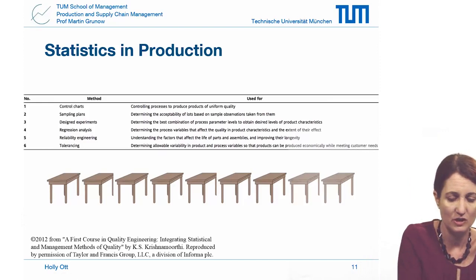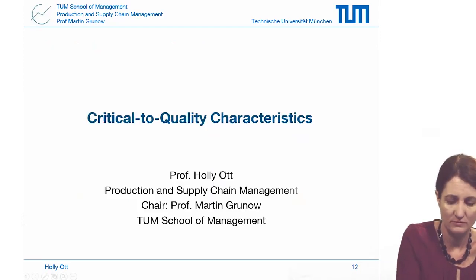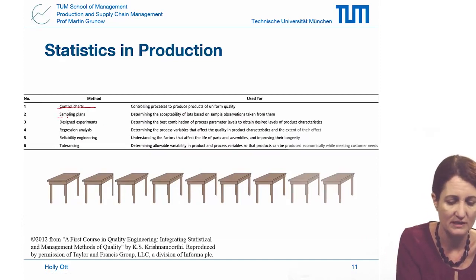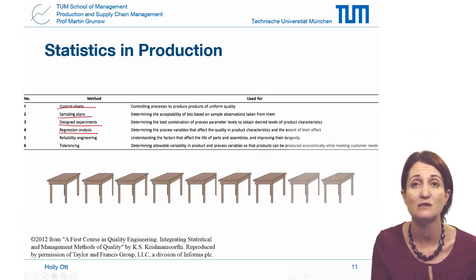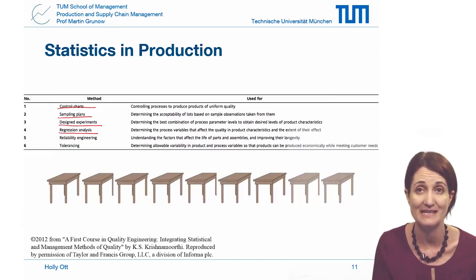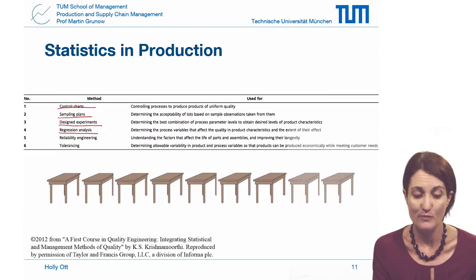For example, control charts, sampling plans, designed experiments, and regression analysis. They're used throughout the DMAIC process, and we're going to be revisiting these as we move through the DMAIC cycle, using all of these to control, to measure, to improve our critical to quality characteristics.